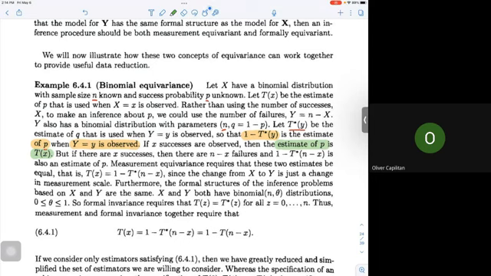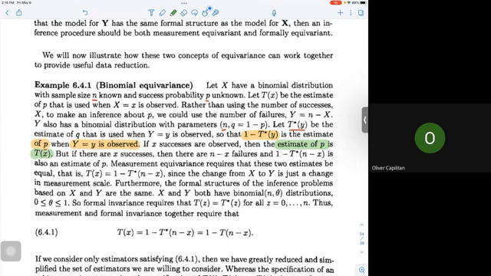Okay, since the change from x to y is just a change of measurement scale, then furthermore, the formal structures of the inference problems based on x and y are the same. They have the same parameter space. The value of p is between 0 and 1, and p and q are both between 0 and 1, inclusive.